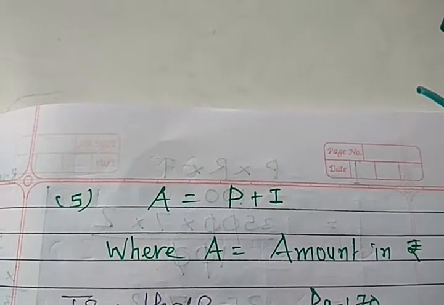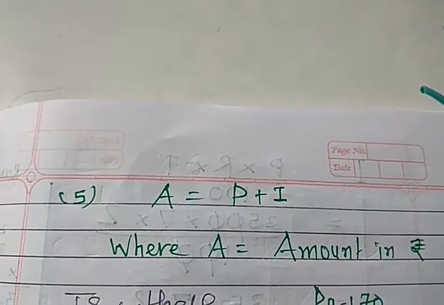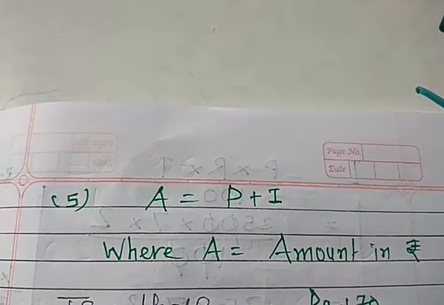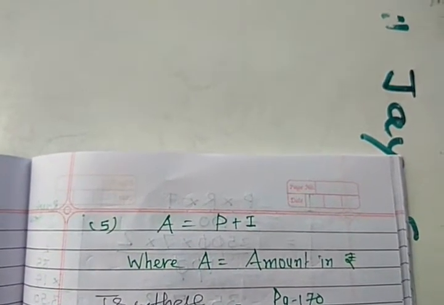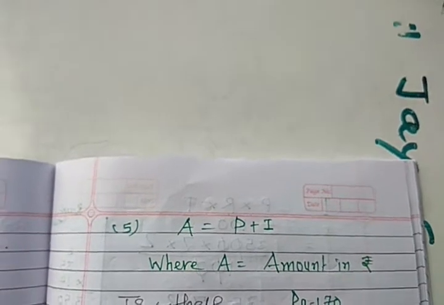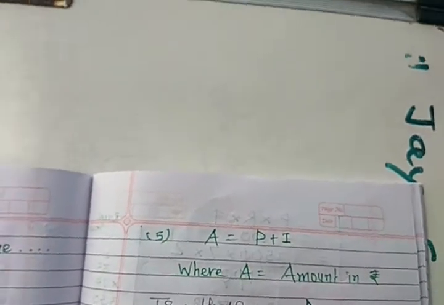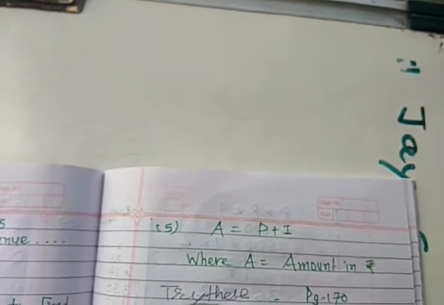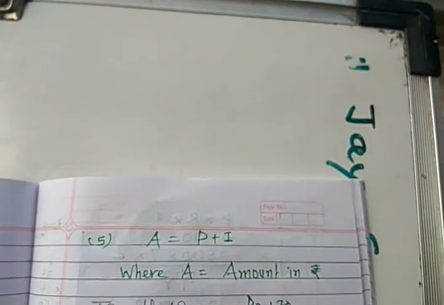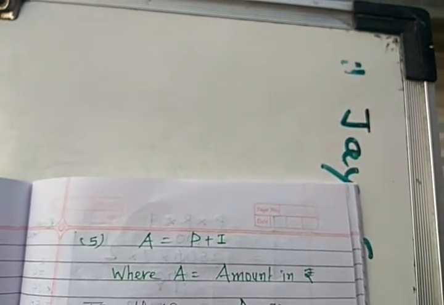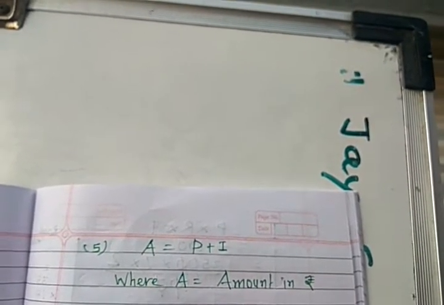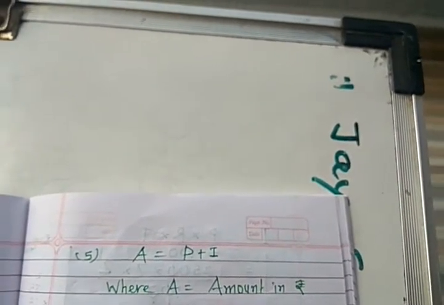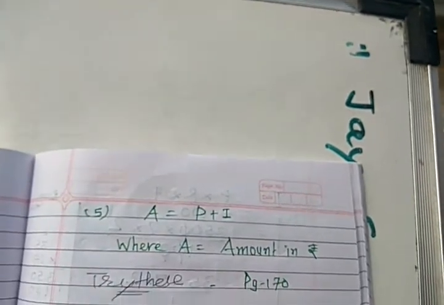So 10,000 of 2% is equal to 200 rupees. So your principal amount is 10,000 rupees and interest is 200. So in total you will get 10,000 and 200. After 1 year the bank will give you 200 rupees more. So it is simple interest, right? Like this way.